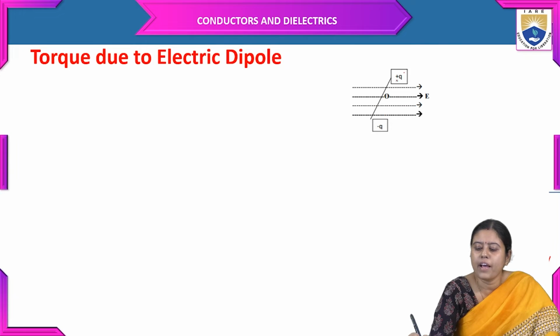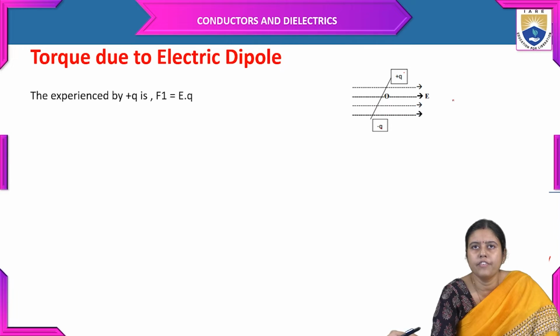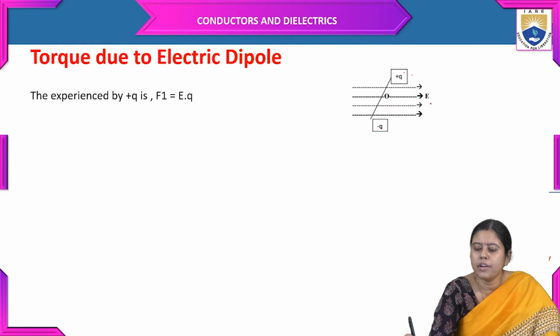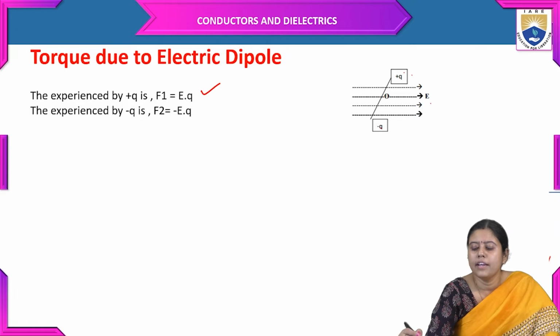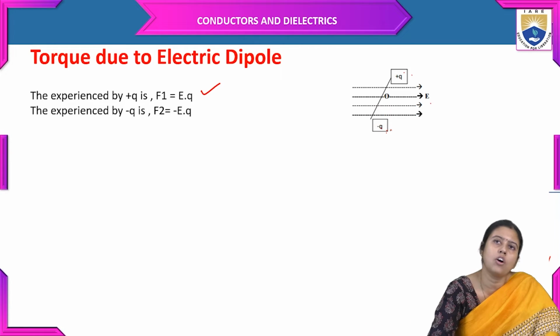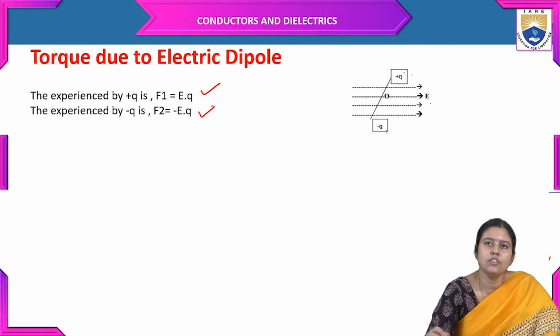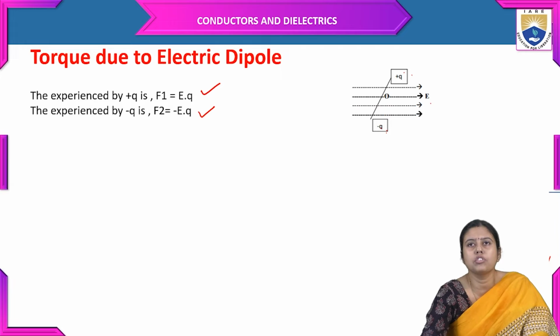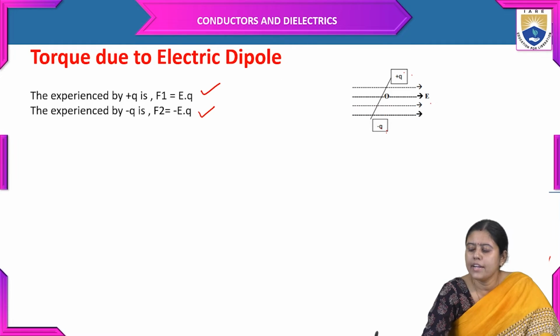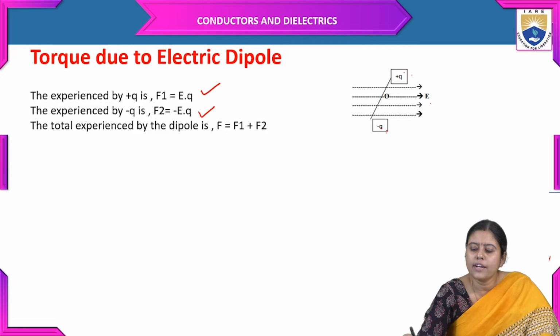You can see there are plus Q and minus Q, and we apply an electric field E. If the distance is D, the positive charge will feel a force F1 equal to E into Q. Similarly, the negative charge feels the force in the opposite direction, F2 equal to minus E into Q. So what is the total force?